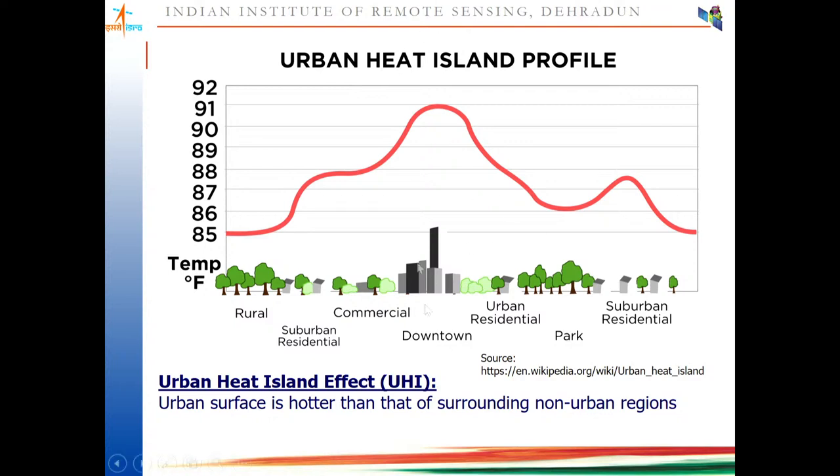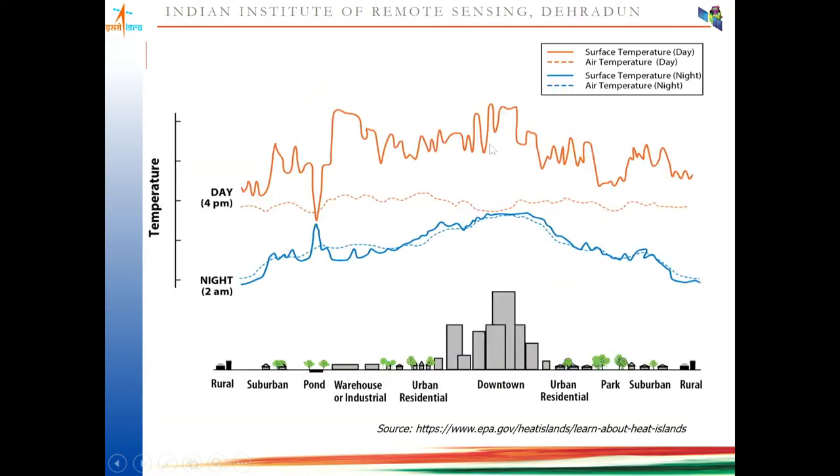So here you can see that most urban areas exhibit it, but urban heat island is not a very consistent phenomenon, it is a very dynamic phenomenon. You will find that sometimes at night the heat island intensities are different. In the daytime it depends on diurnal variation; it has diurnal, seasonal and annual variations.